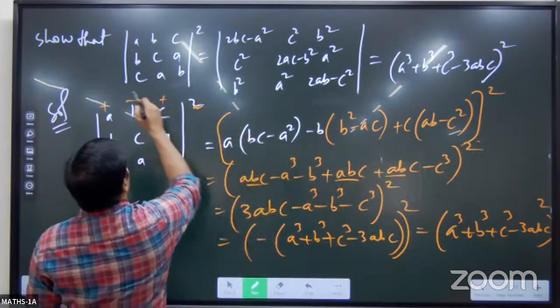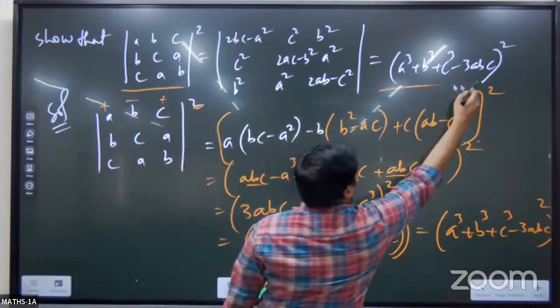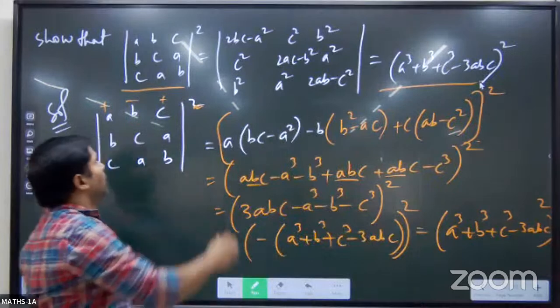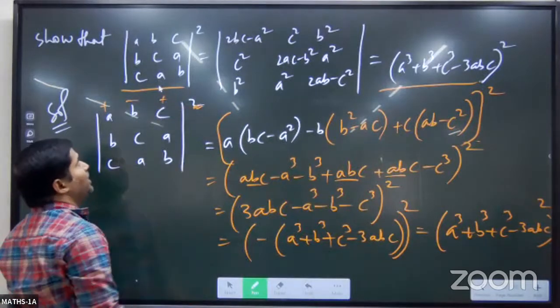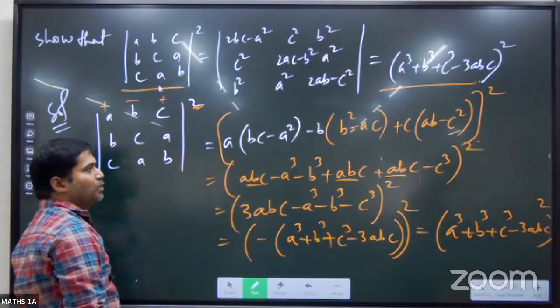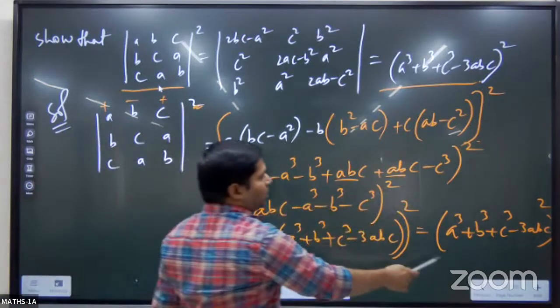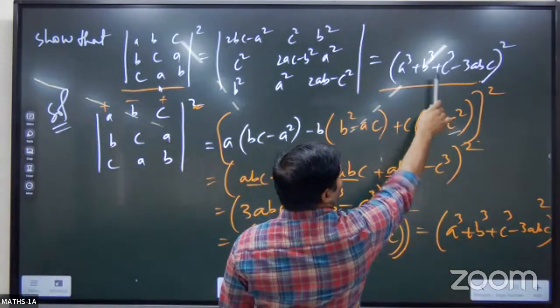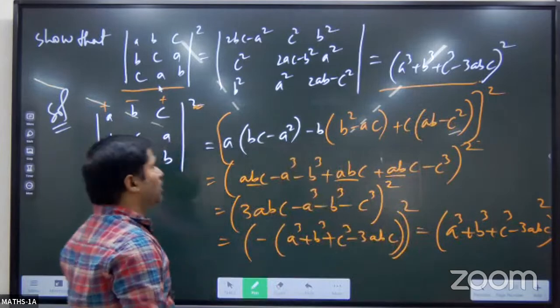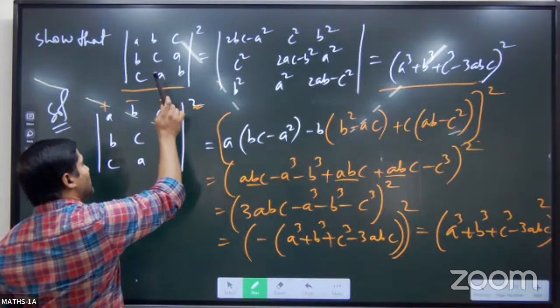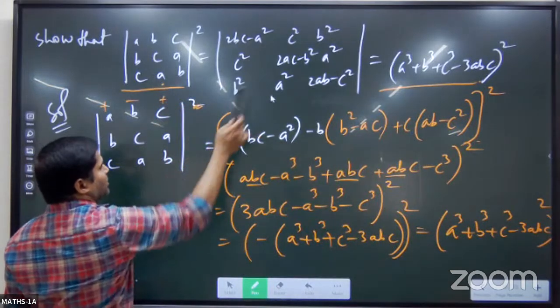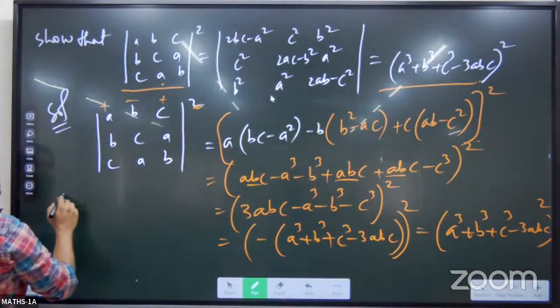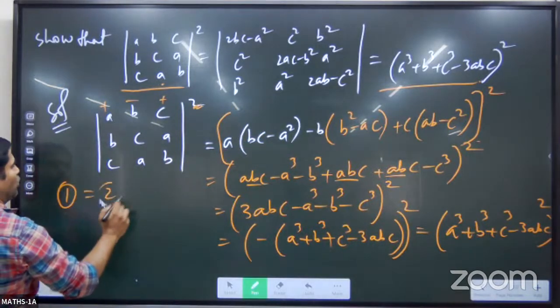When I took determinant of this ABC, BCA, CAB whole square, I got this third result. So what I'm trying to tell you is 1 equal to 2 equal to 3.